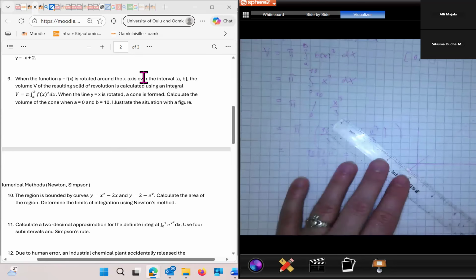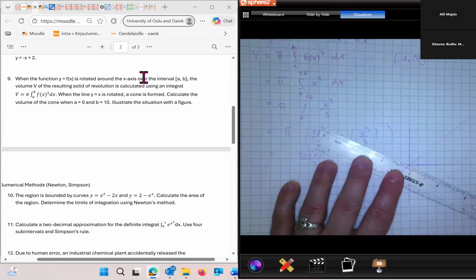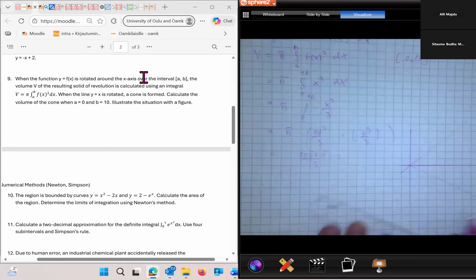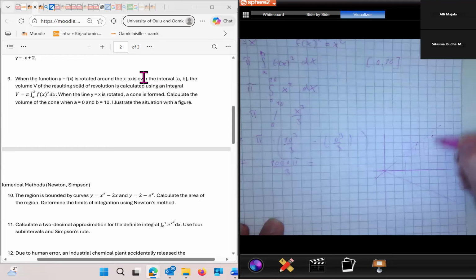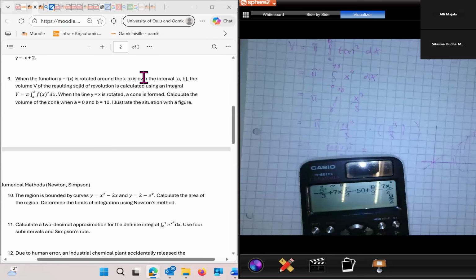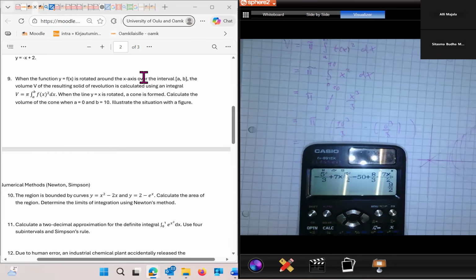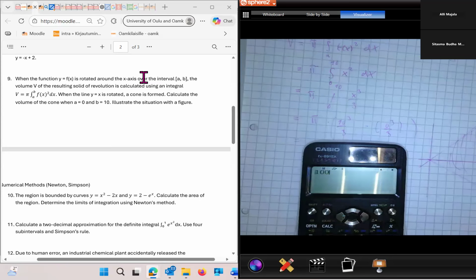So obviously there's some kind of a cone here where I calculated the volume of something like this. It was rotated there. And this is a stupid exercise anyway. But obviously there's some kind of application.